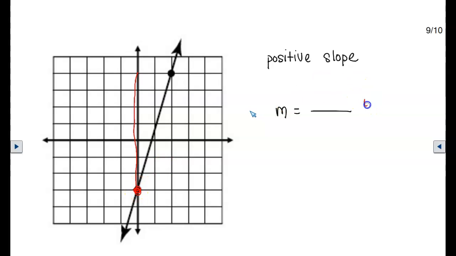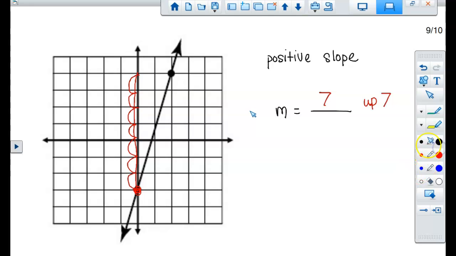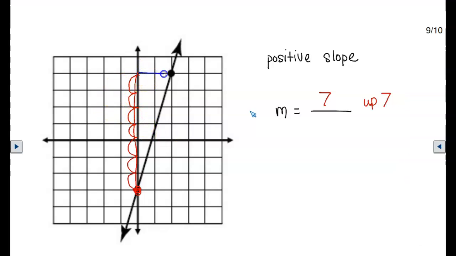I'm going up 1, 2, 3, 4, 5, 6, 7. So up 7. So that means +7 for my rise. And then I can see that I am running to the right 1, 2 spaces, which makes this a +2 on the bottom.